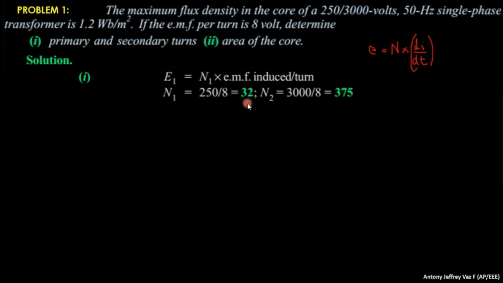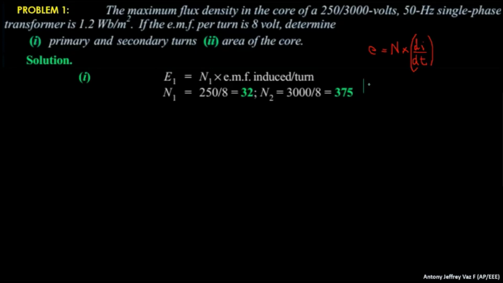So you get 32. So the primary turns N1 is 32. And N2 will be 3000 divided by 8, because of the 3000 volt present in the transformer.